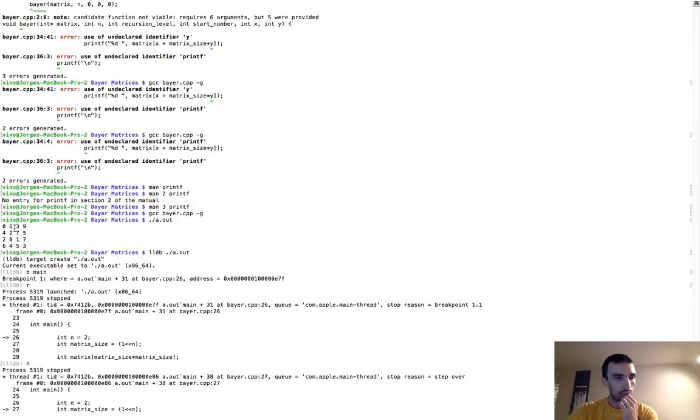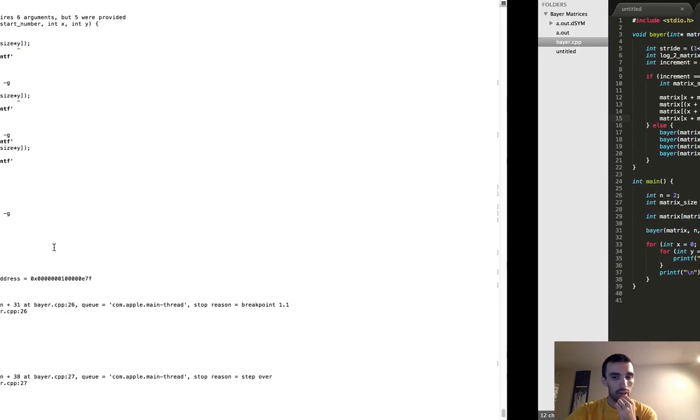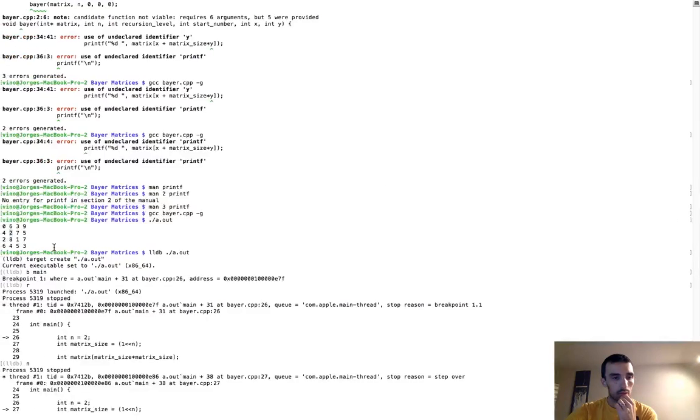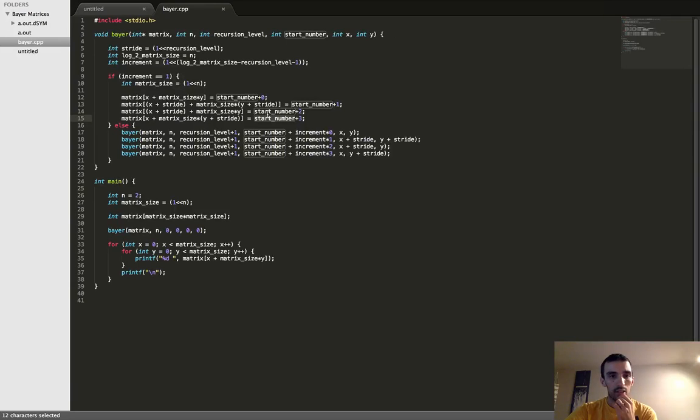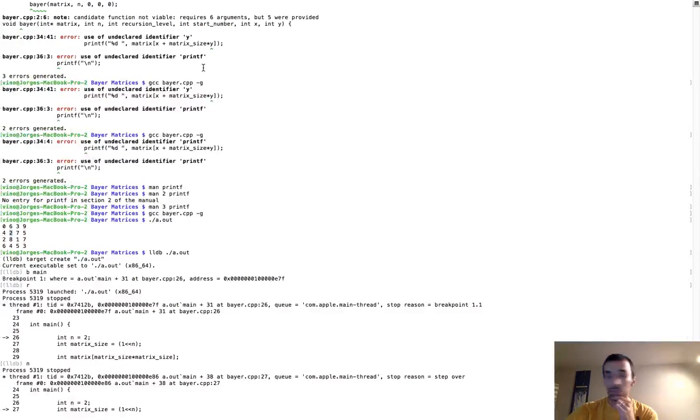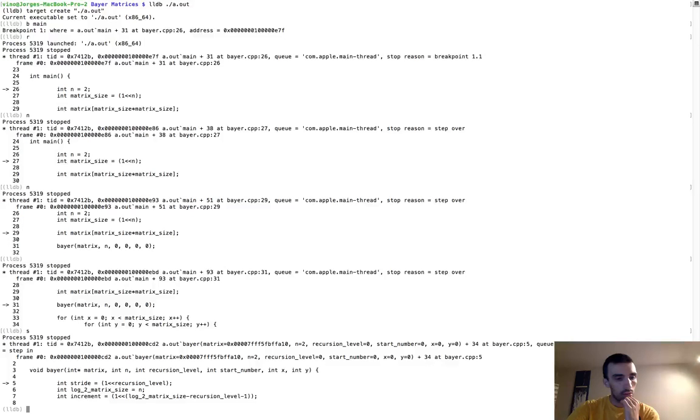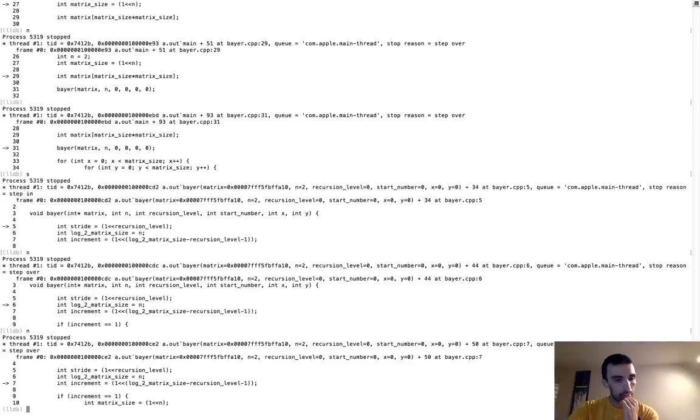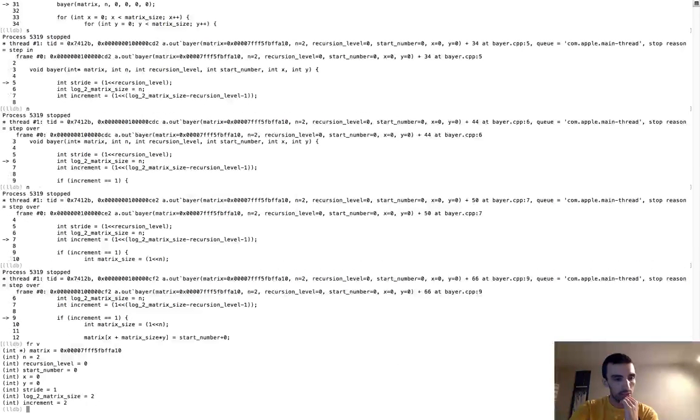0, 1, 2, 3. No, well, it's off by 2, not by 1. I think I just got the wrong power of 2 for the increment somewhere. That's my guess. So let's see what our increment is here. It's 2.